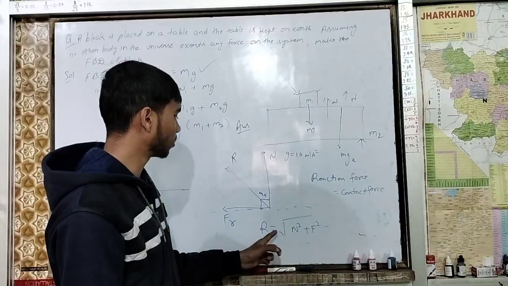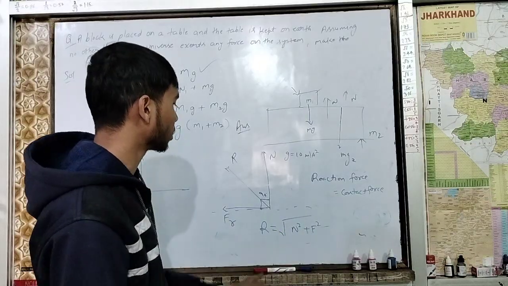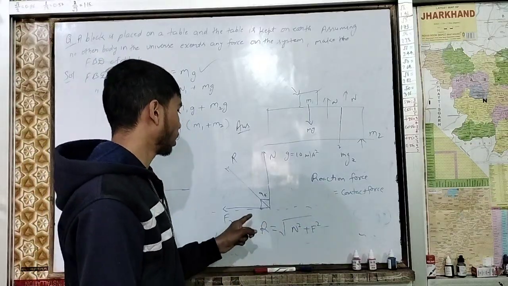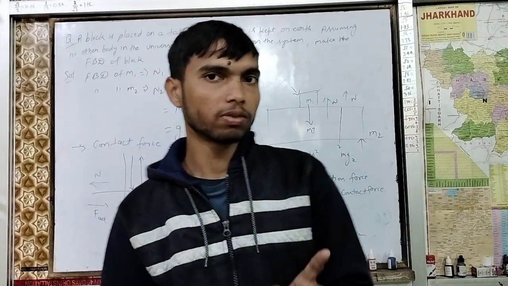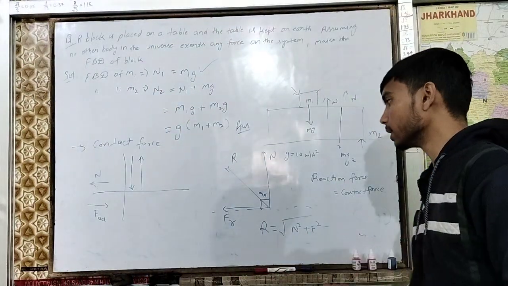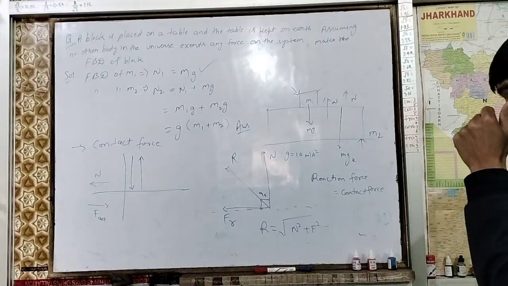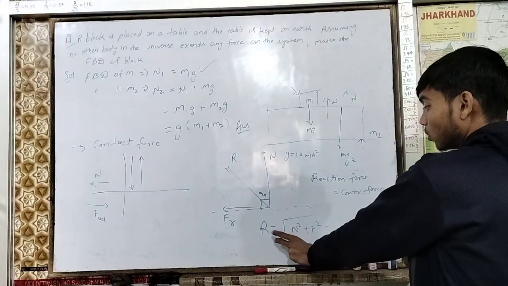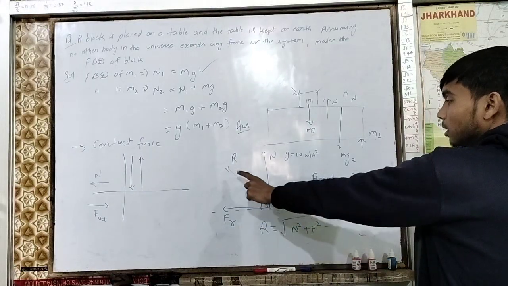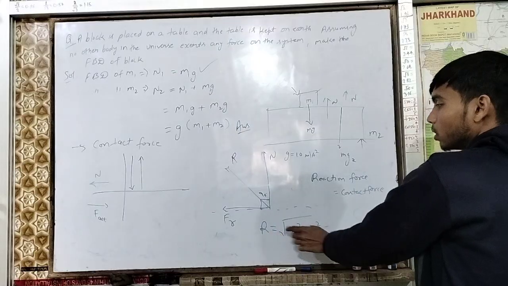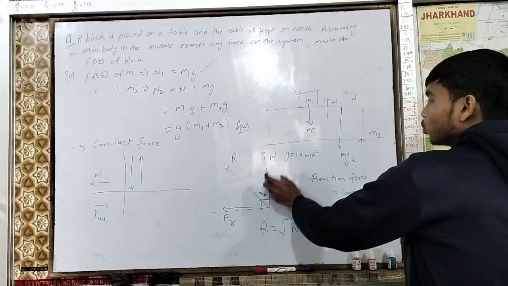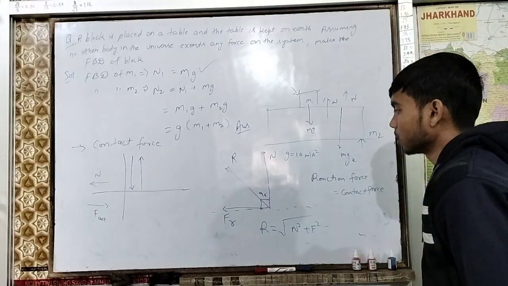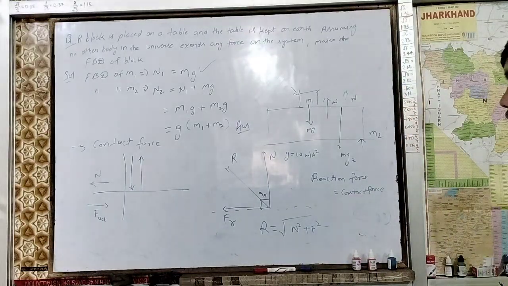So R will be equal to the under root of N square plus F square. The reason is we used the Pythagoras theorem because the angle is 90 degrees. If we do like that, then the resultant will be equal to the under root of the sum of squares of these two forces.